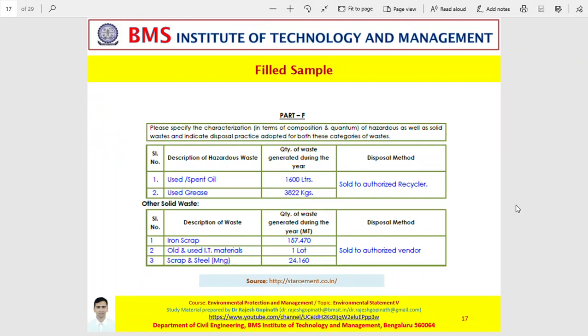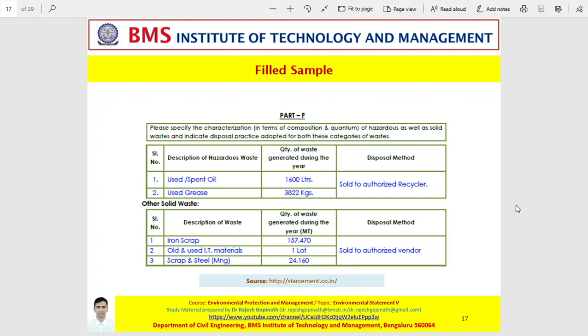This speaks about the characteristics and the quantum of waste which has been generated. Now, if you look at part F, the first table speaks about the hazardous waste which is being generated, how much is being generated, and how it is being handled. Now let's discuss solid waste. As mentioned in slide 16, there is no quantity of solid waste generated from the process or the pollution control facilities.